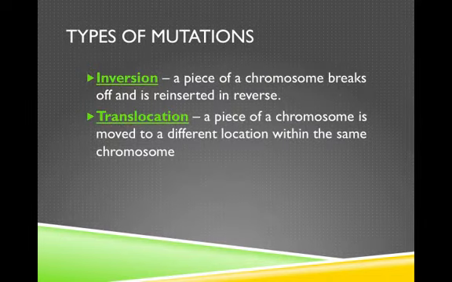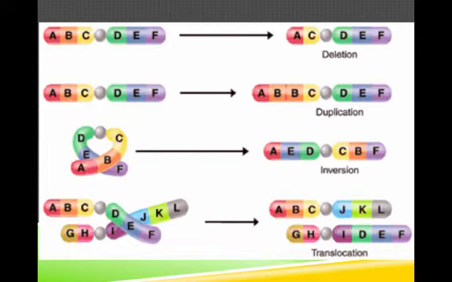Inversion is when a piece of the chromosome breaks off and is reinserted in reverse. So for instance, if I had HAT, I would reinsert it as TAH. Translocation is when a piece of a chromosome is moved to a different location on the same chromosome.